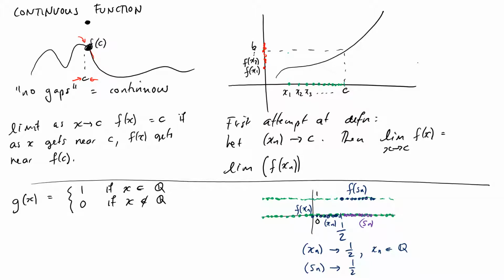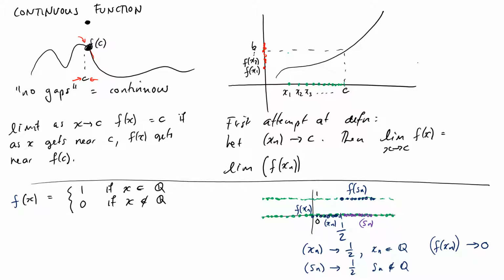So xn tends to a half. I've specified that sn is not in Q. The problem we have here is f of xn, that sequence, quite clearly converges to 0 because my function is defined, I should have called it f, not g. Let's call it f now.